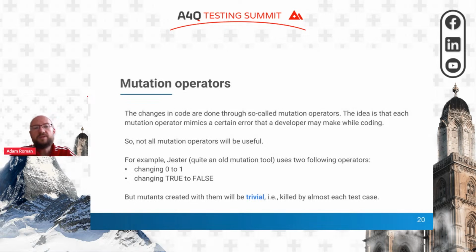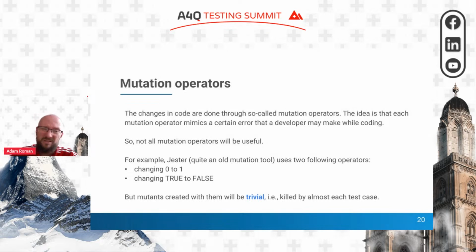But not all mutation operators are useful. There may be some so-called trivial mutation operators. For example, there's a quite old tool called Jester, and it uses in particular two operators. They change constant 0 to 1, and they change constant true to false.